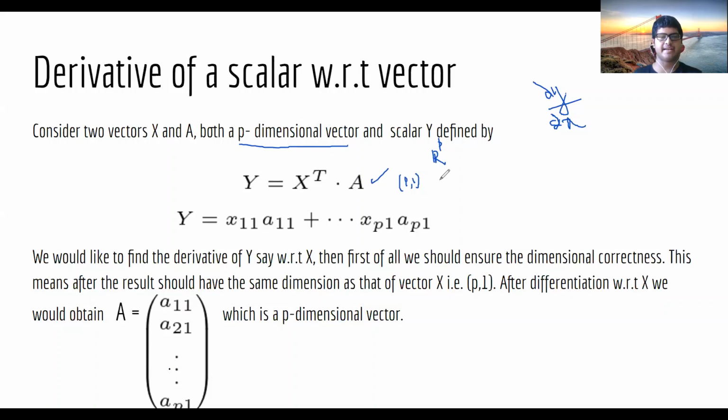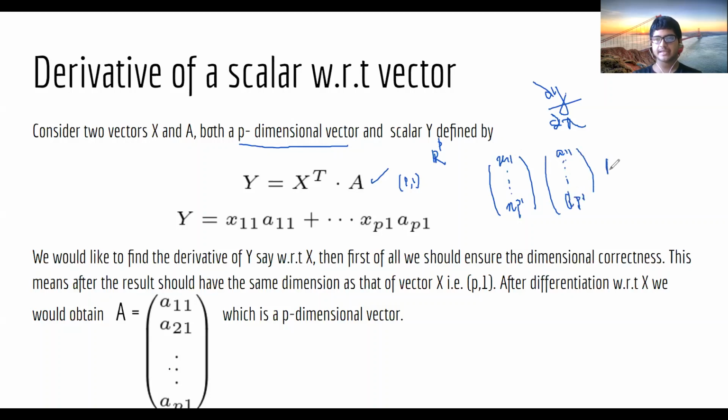Now, if we try to expand it, let's say x is denoted by x_11 and so on till x_p1. We can call this the matrix x. Only x_1 to x_p works; the 1 is just because it is a column. Next is a_11 and so on till a_p1.